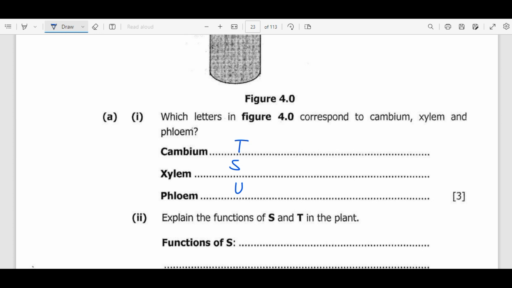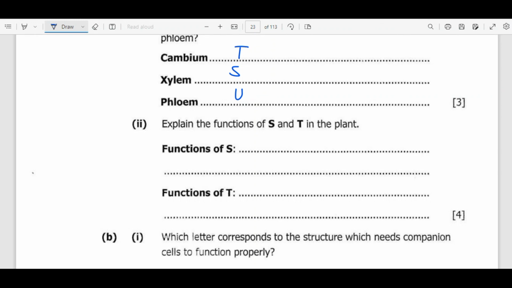Explain the function of S and T in the plant. The function of S, the xylem. What is the function of the xylem? The xylem is a specialized cell which transports water and mineral salts, and it also offers support to the stem.